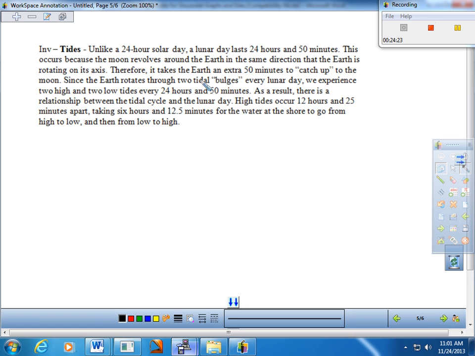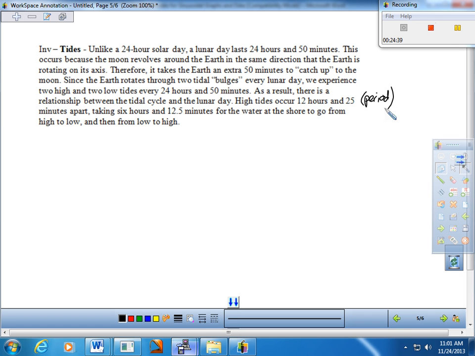So this is essentially 2 periods, 2 cycles. As a result, there is a relationship between the tidal cycle and the lunar day. High tides occur 12 hours and 25 minutes apart. If you would, guys, that's your cycle. High to high, or max to max. That's your period right there.